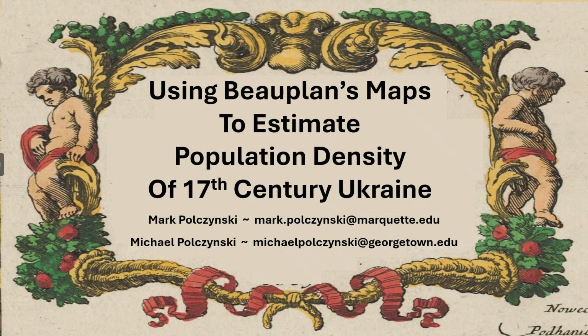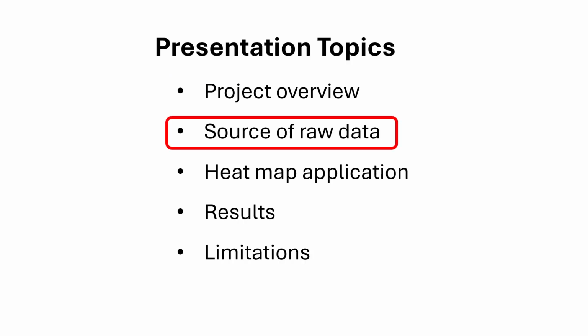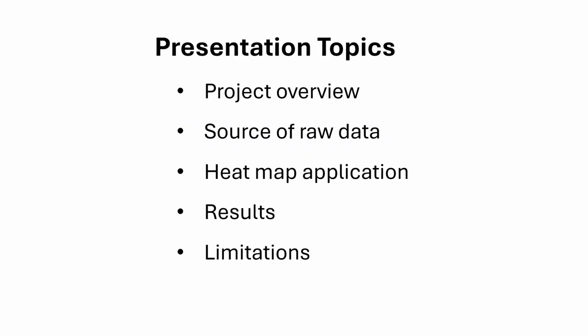Hello, and welcome to this description of how to use Beauplan's maps to estimate population density of 17th century Ukraine. This presentation starts with an overview of our project, followed by a description of the sources of raw data used for this project.